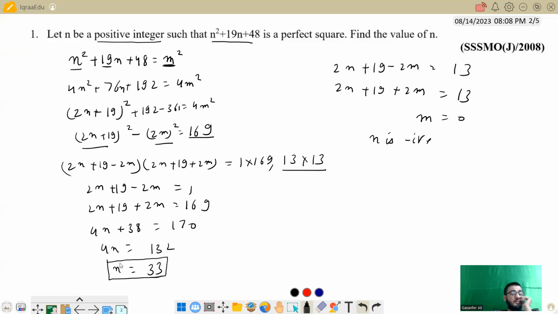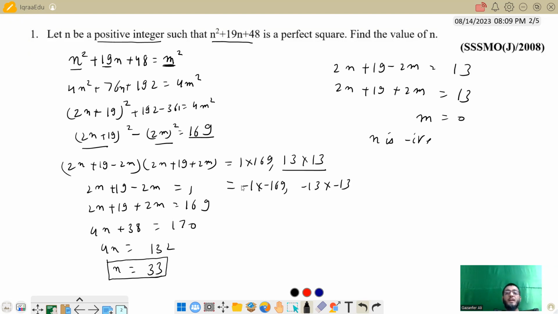Am I done? Is the question complete? No, it's not complete. We can also take negative factors. You have to check for negative factors also.